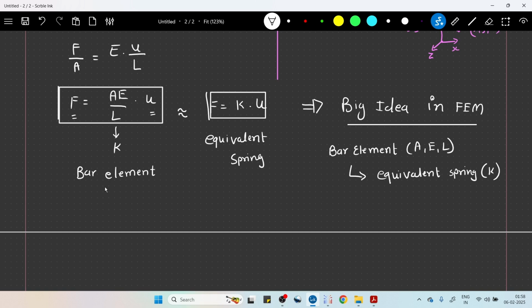Both are the same: FEM, the finite element method, is more used in universities, whereas FEA is a more popular word in industries. So we have achieved our goal, that we wanted to find the relationship between force and displacement.